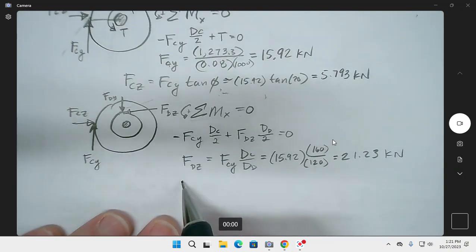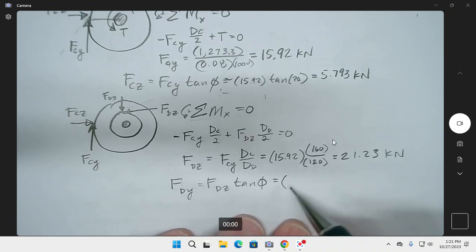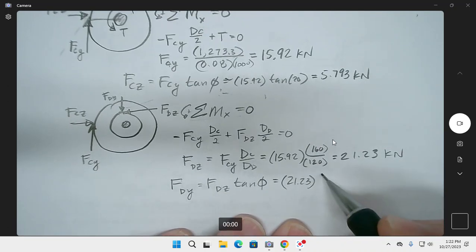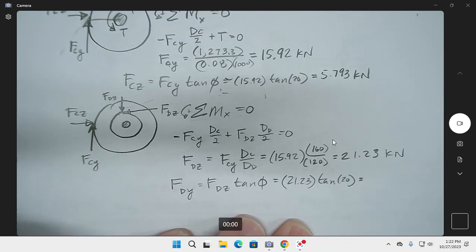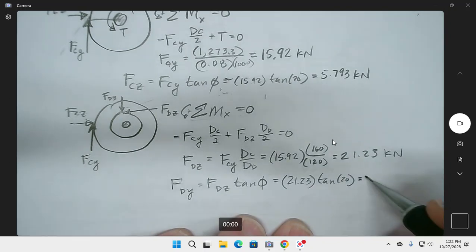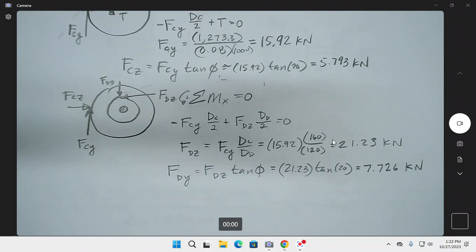And then lastly, we could find our FDY is FDZ times the tangent of phi, or 21.23 times the tangent of 20 degrees. 7.726 kilonewtons. A lot of load stuff. I don't call it crap. It's good stuff.